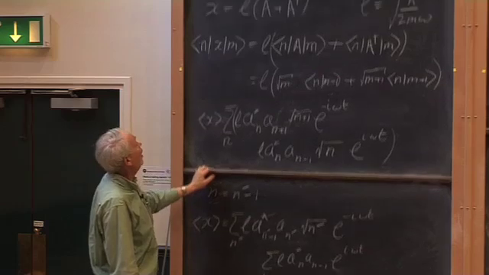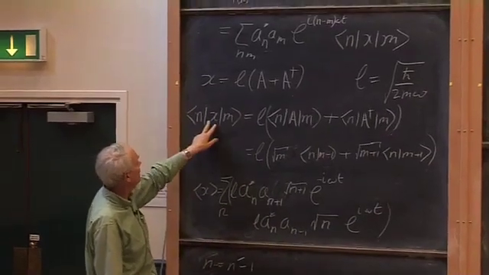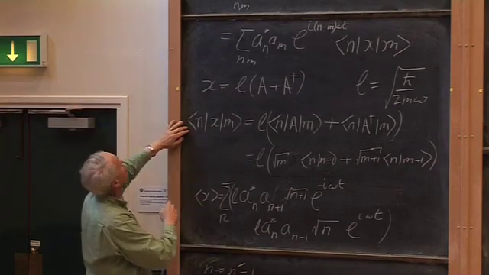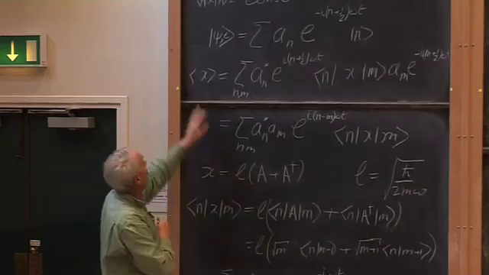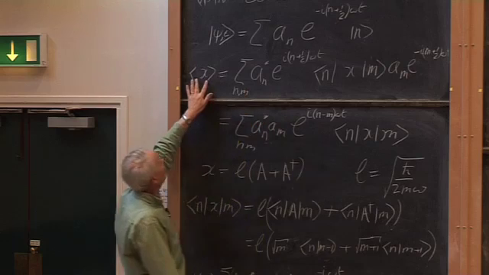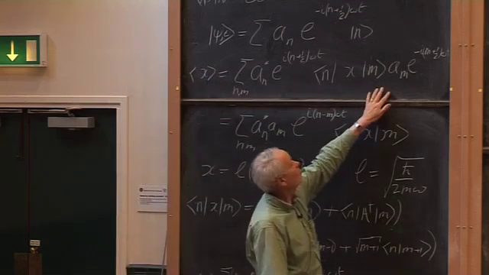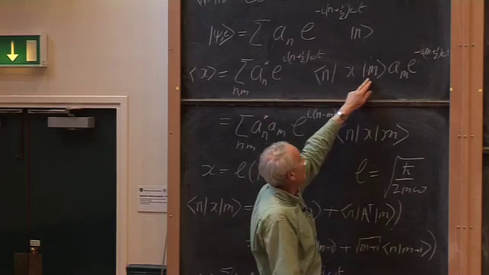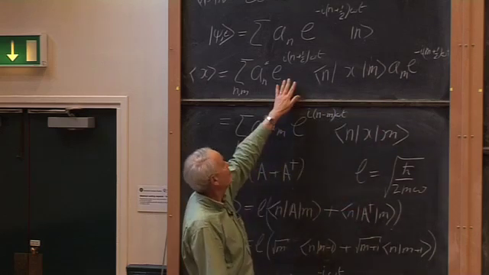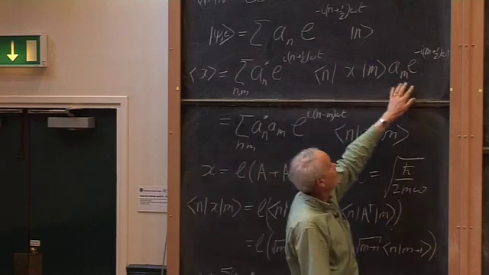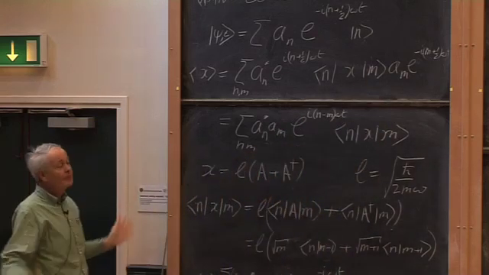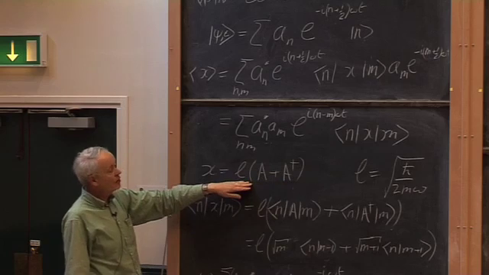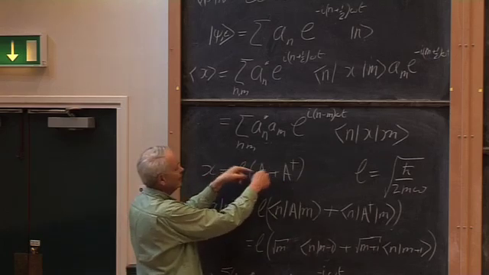Right? Why do we have states of different energy involved? It was because when we took the expectation value of X, we got this huge long sum, which included cross terms between states, including the term n x n, in which the state of a given energy was present on both sides of X. But that made no contribution to the sum, because X can be written as a sum of these ladder operators, these annihilation and creation operators, and if you put the same state on either side, you get nothing.